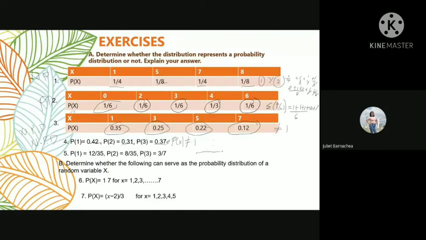Ang LCD ay 35. 35 divided by 35 ay 1 times 12, 12 plus 8 plus 35 divided by 7 ay 5 times 3, 15. So, 35 over 35 is equal to 1. Therefore, it is a probability distribution.